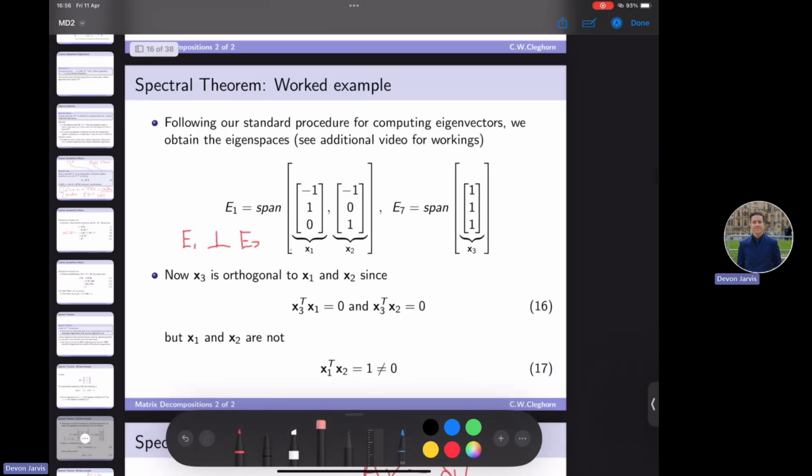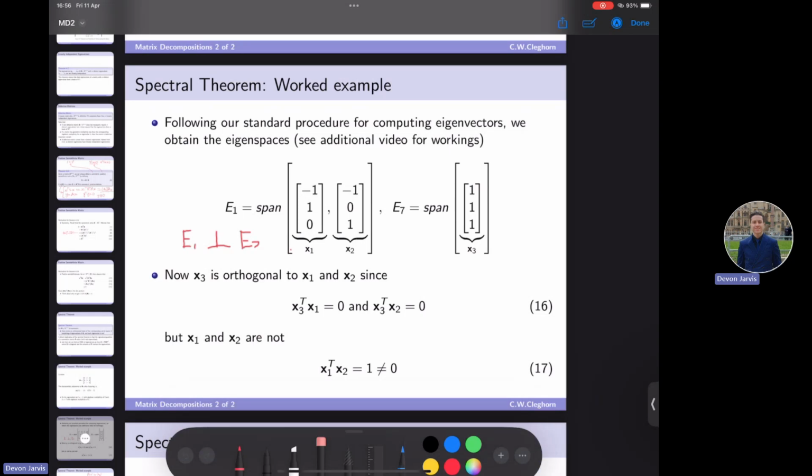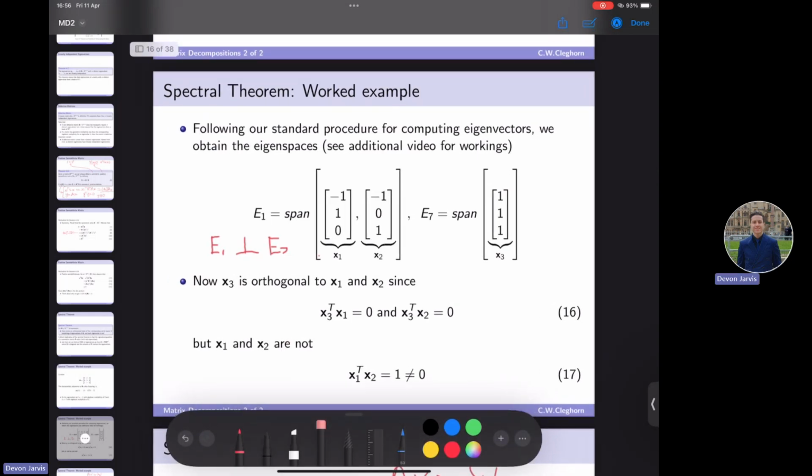In that case, you have two eigenvectors associated to the eigenvalue 1. What is the geometric multiplicity? Correct. Thank you. In this case, we know that E1 and E7 are going to be orthogonal. However, these two vectors here, x1 and x2, are not necessarily orthogonal. Only when they have distinct eigenvalues do we know that the eigenvectors are going to be 90 degrees to each other.